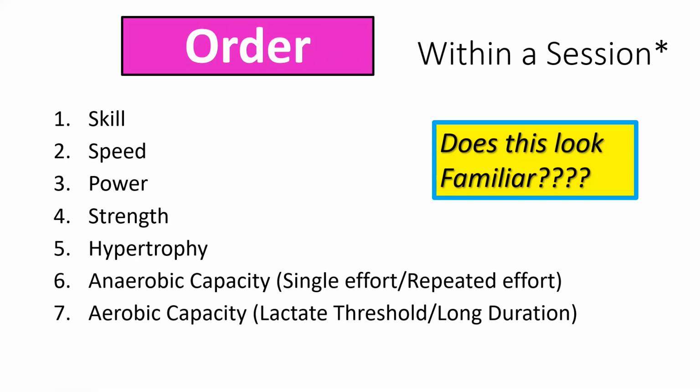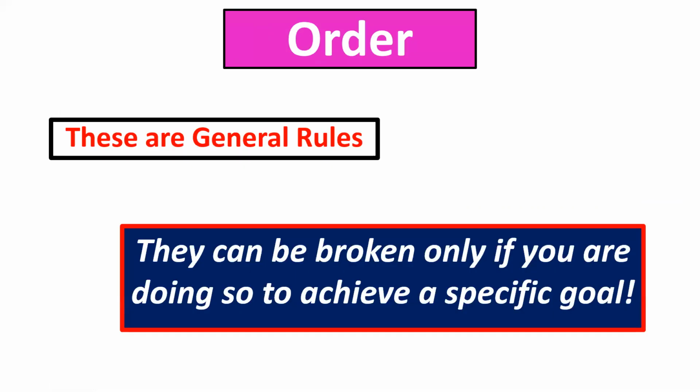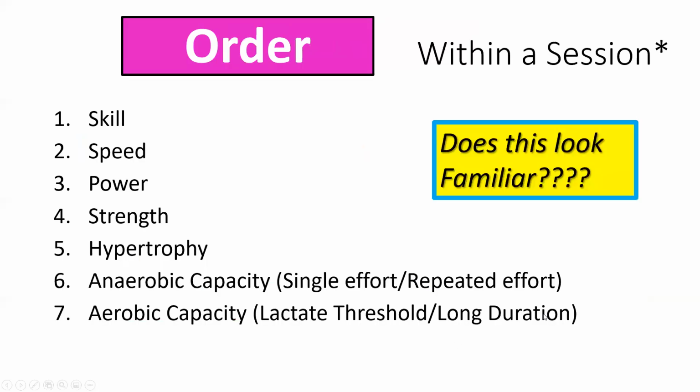It's not going to be perfect for those, but it will achieve my first mission, which is to develop my individual goal or my general goal, my primary goal. Only break those rules if you're going after a specific goal.